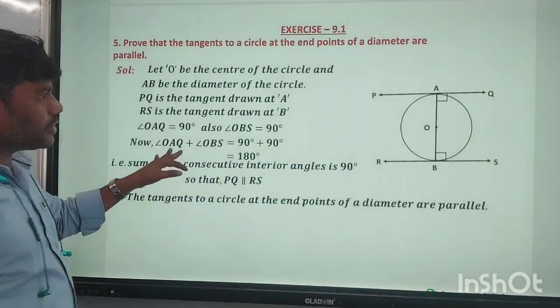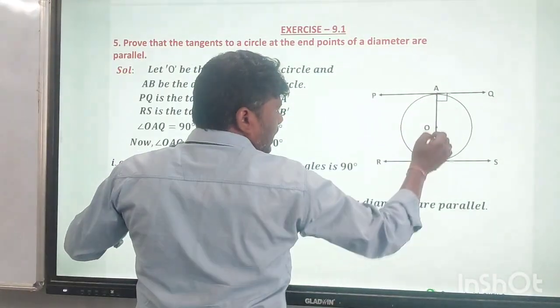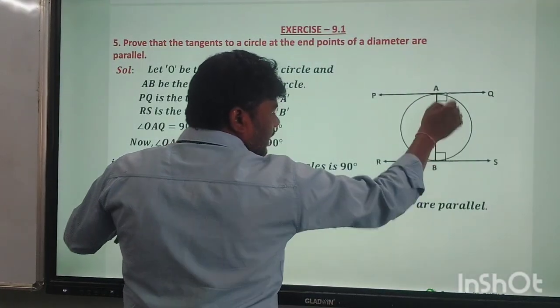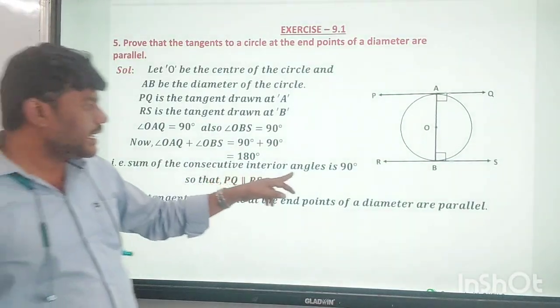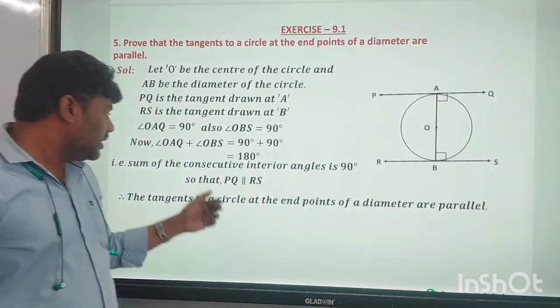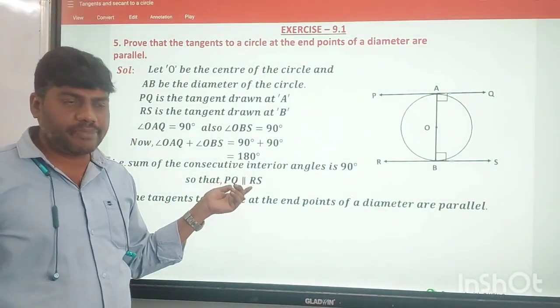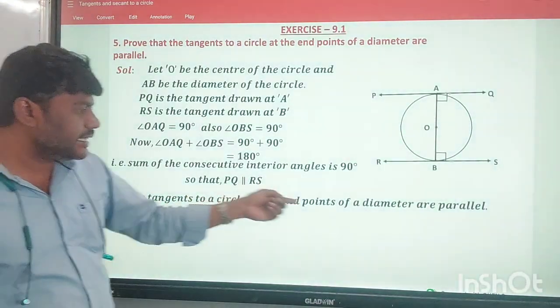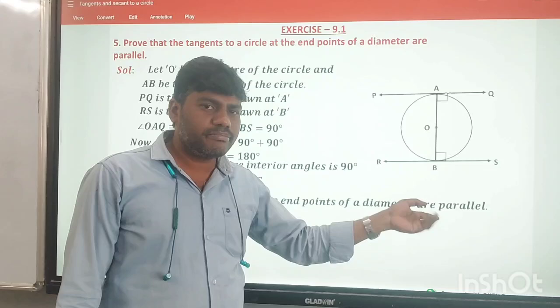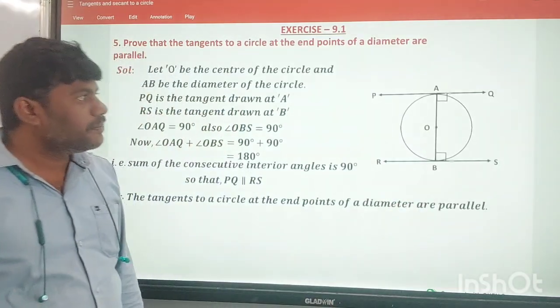So OAQ plus OBS is 90 plus 90, 180 degrees. The sum of the consecutive interior angles is 180 degrees. So PQ is parallel to RS. So the tangents to a circle at the end points of a diameter are parallel. Okay? Practice this.